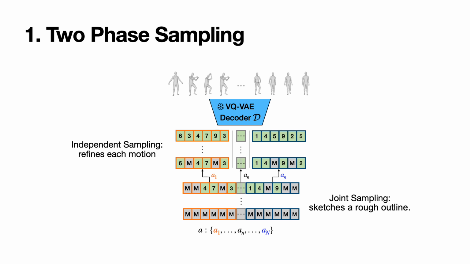During this phase, the denoising transformer sketches coarse outlines conditioned on a sequence of textual descriptions. Then, in the independent sampling, the model independently denoises the codebook as in single motion generation. This process refines each motion to make it coherent with individual textual descriptions.